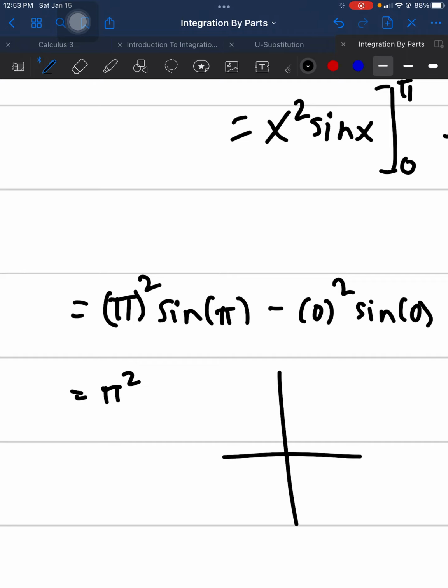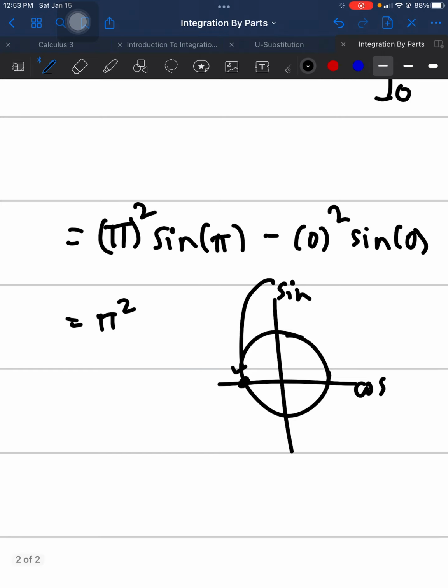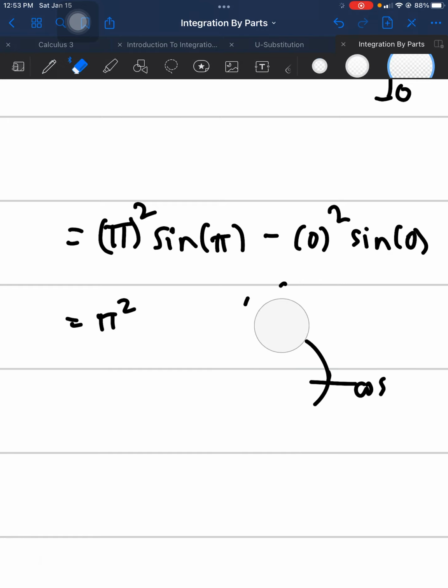Sine pi, if you look at the unit circle, is supposed to be somewhere around here. This is where pi is located. And we know that sine is the y-axis, so sine is y, cosine is x. Sine is equal to 0 here. So we know sine of pi is just 0.